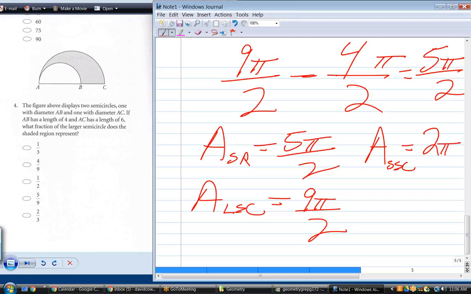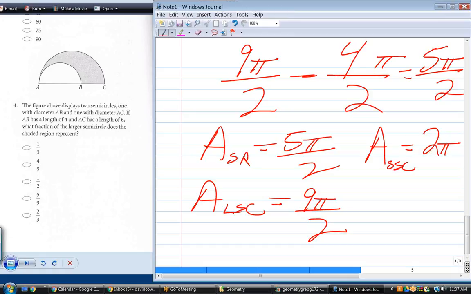Okay. So what are they asking? Which ratio are they asking for here? Read that last sentence. This is big for you to be able to put what they're saying here into a proper ratio and give it to me in terms of these things. It's asking for what fraction of the larger semicircle does the shaded region represent? So what's the ratio they're looking for?